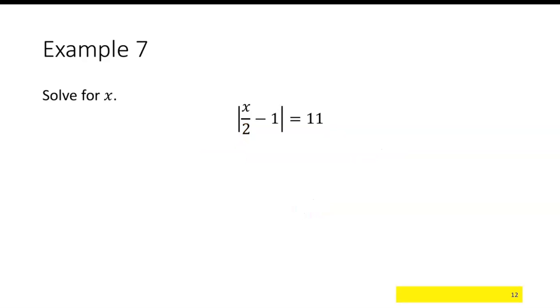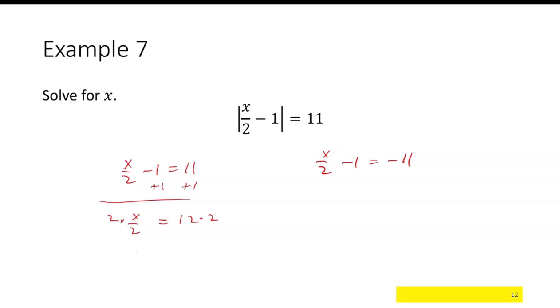And finally, the absolute value of x halves minus 1 equal to 11. I can break this up as x halves minus 1 equal to 11 and x halves minus 1 equal to negative 11. So I would add 1. So I have x over 2 is equal to 12 and then multiply both sides by 2.